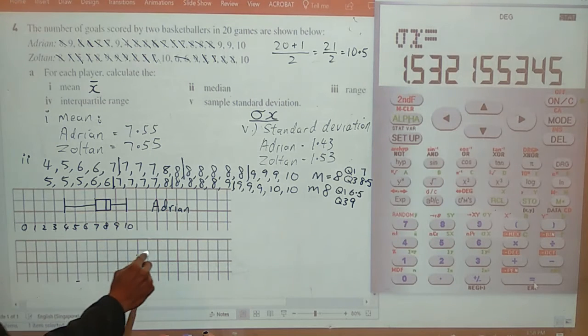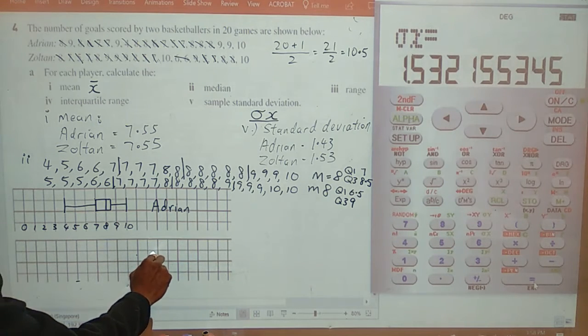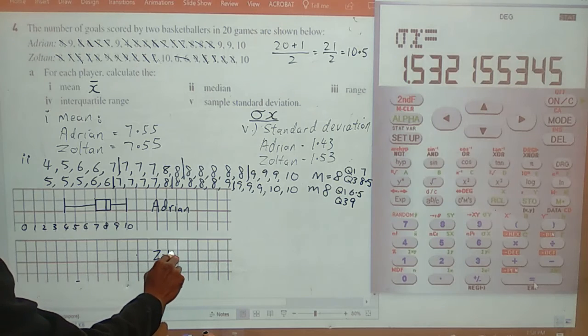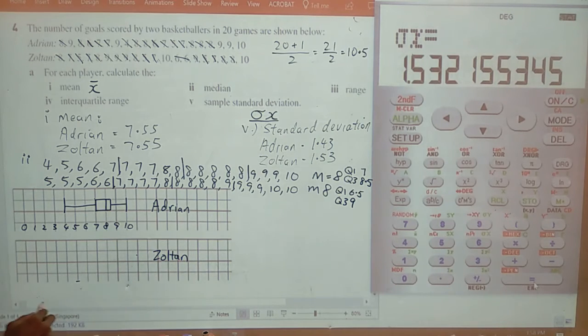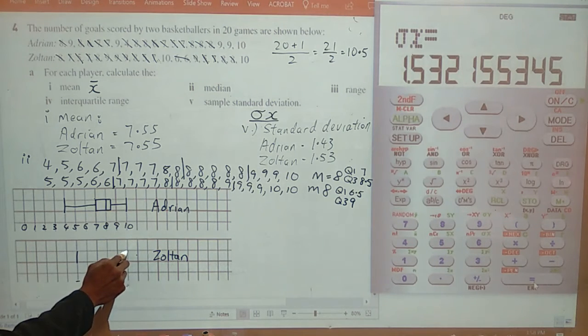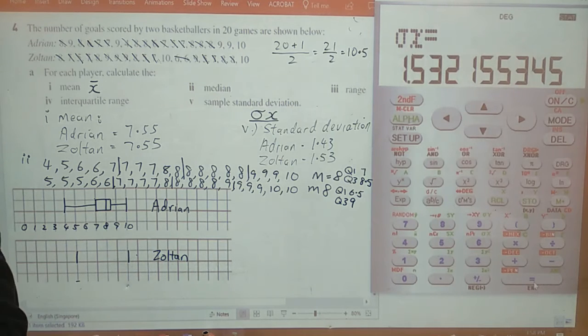And then we have Zoltan's box plot. All right, Zoltan starts at 5. Now, Zoltan may seem initially to have a smaller range, because he starts at 5 and ends at 10. But let's take a look at where his quartiles are.